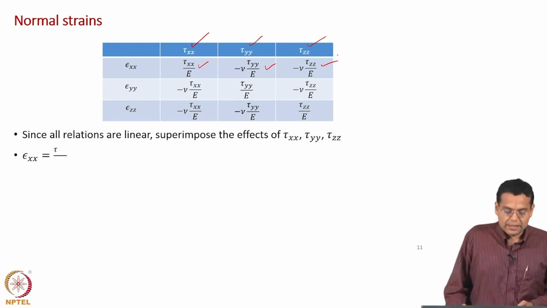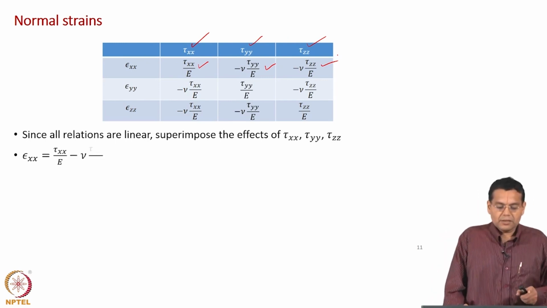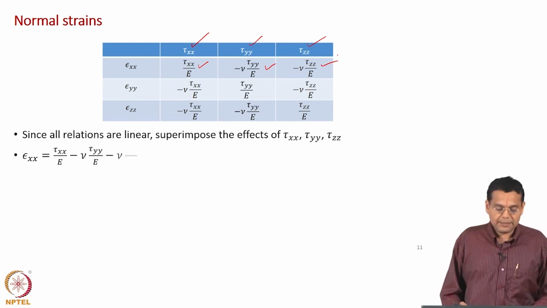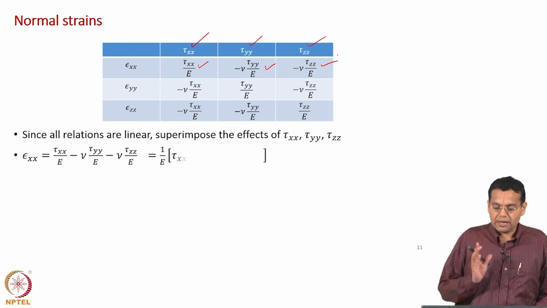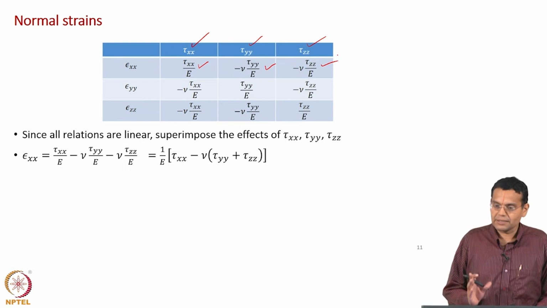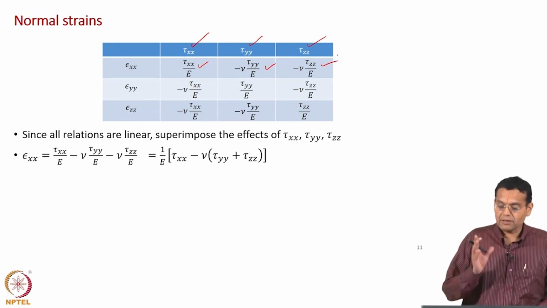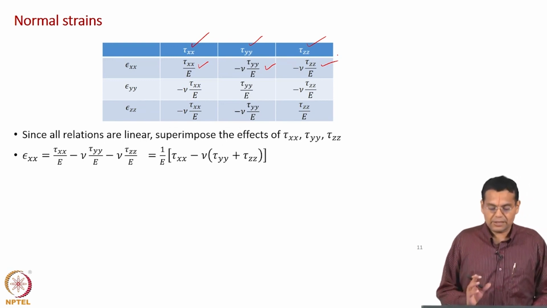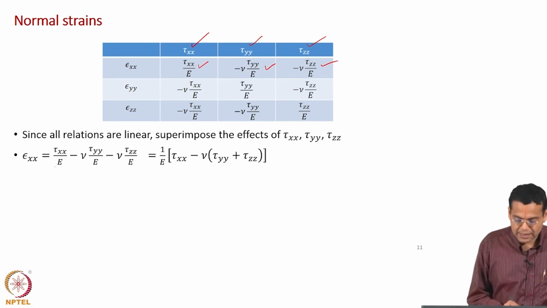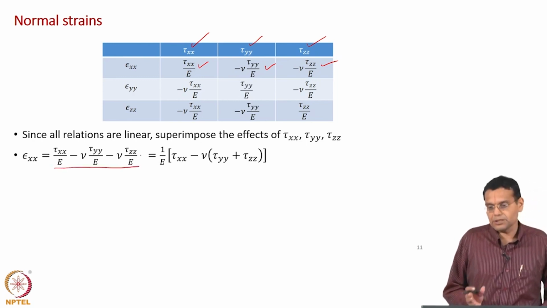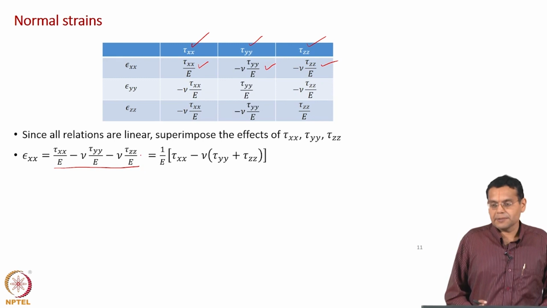This epsilon xx represents the normal strain taking into account the effect of tau xx, tau yy and tau zz. The effect of all 3 normal stresses is taken into account, and this addition or superposition is possible because the relationships are linear.